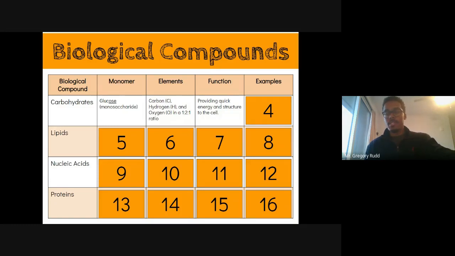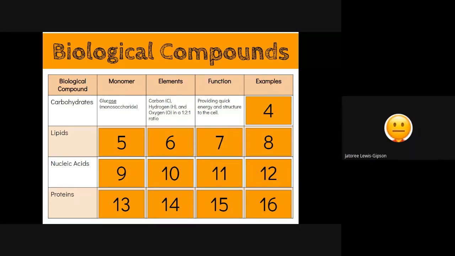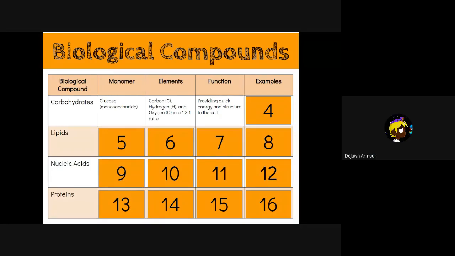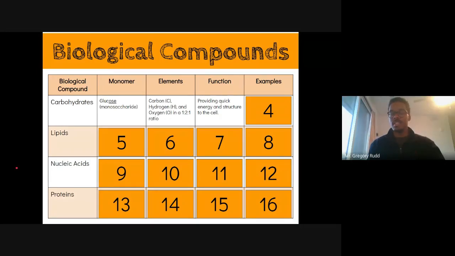I want to get as many examples as we can think of for carbohydrates. Sucrose. Sucrose is one. What about some folks who I haven't heard from? Janelle and Tyshawn and Santuan and Sienna. Starch. Good, thank you. Starch is one.